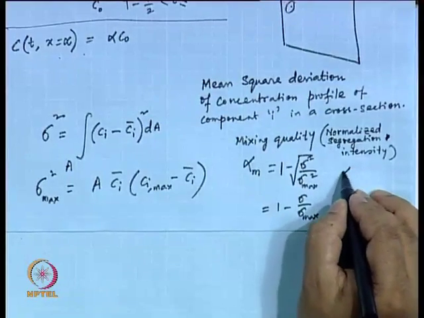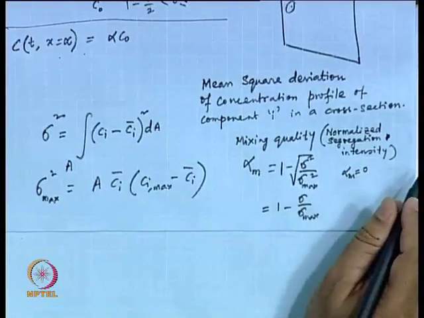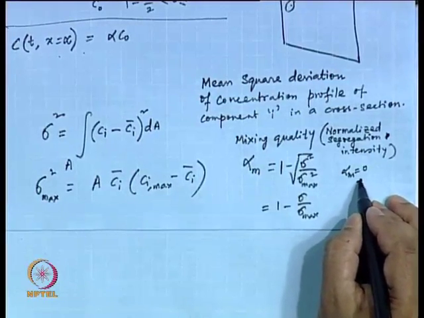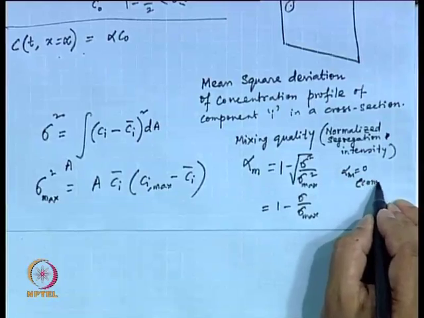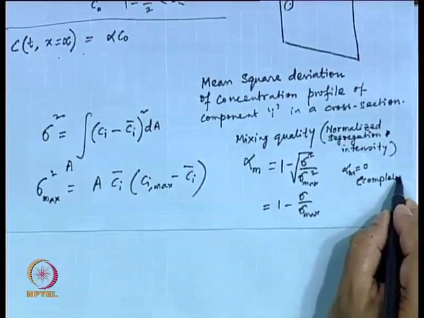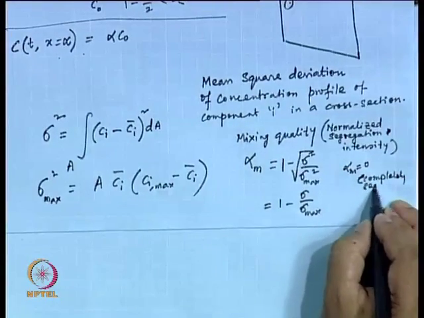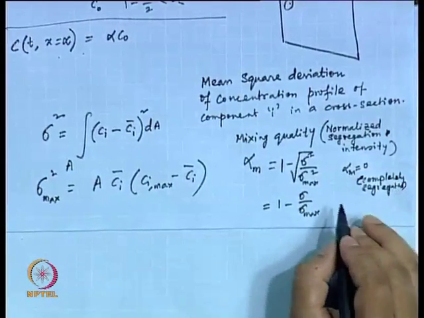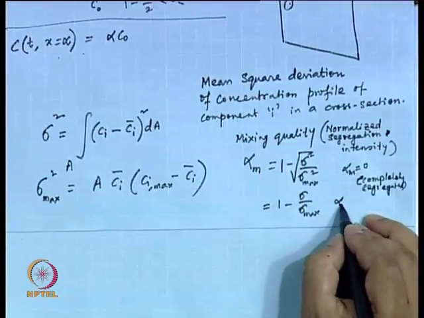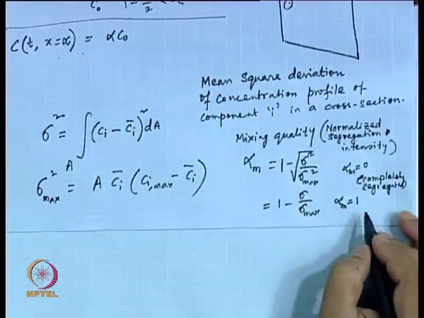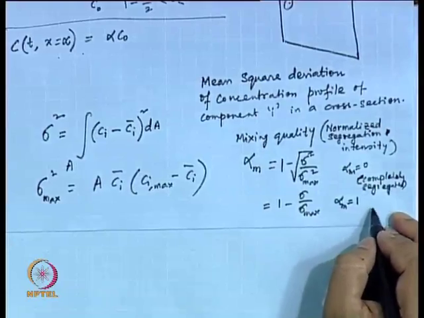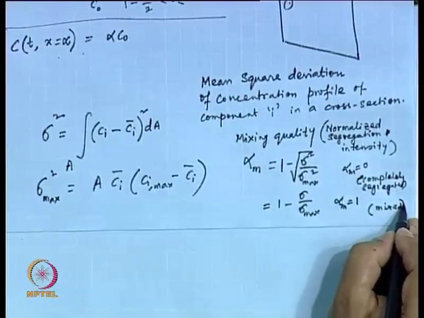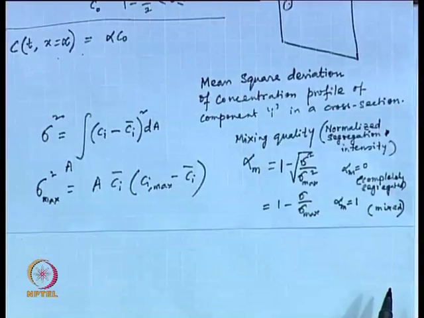So, if alpha m is equal to 0, you will conclude that it is completely segregated, whereas if alpha m is equal to 1, then you will consider this to be completely mixed. All right.